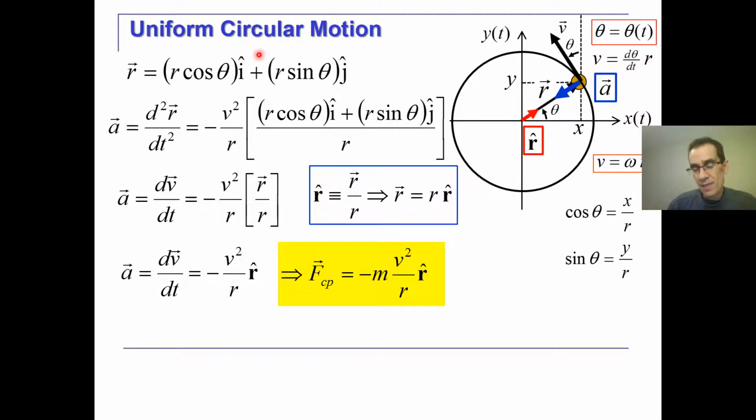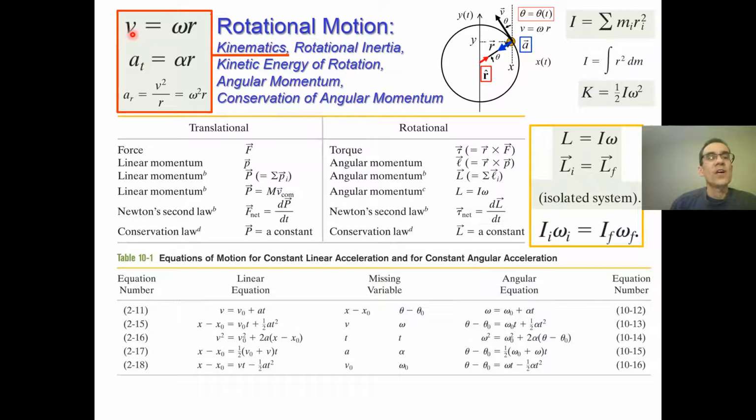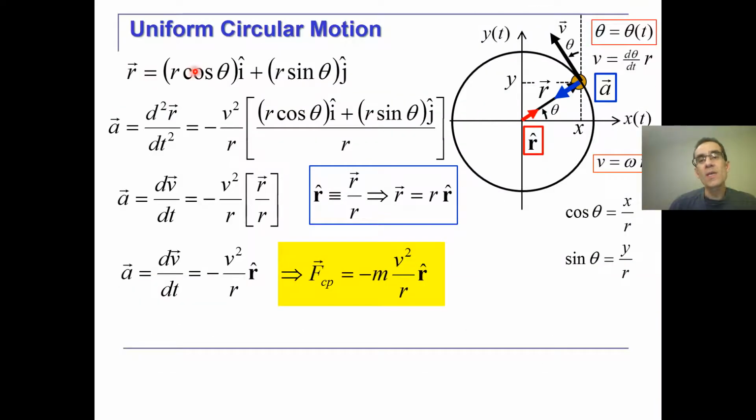This centripetal acceleration is what you get when the motion is uniform, when this velocity is constant, you see? But if this velocity changes in magnitude, in addition to the centripetal acceleration, there's going to be the tangential acceleration. You can think of it like this. If you're driving your car and the speedometer shows a fixed speed, you're doing uniform circular motion.